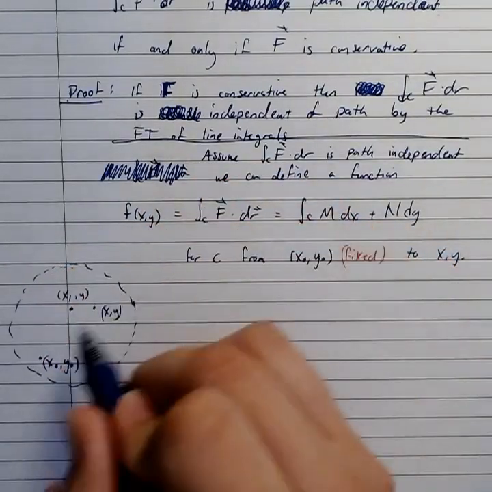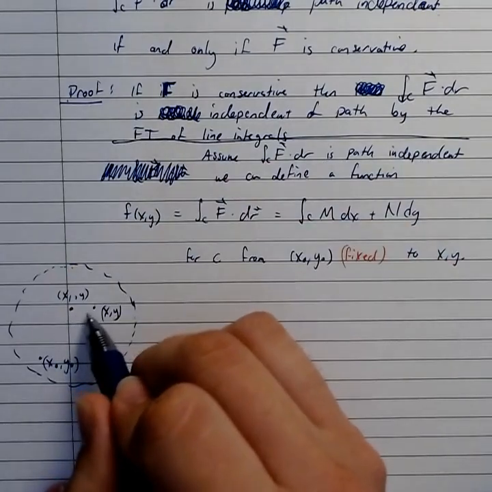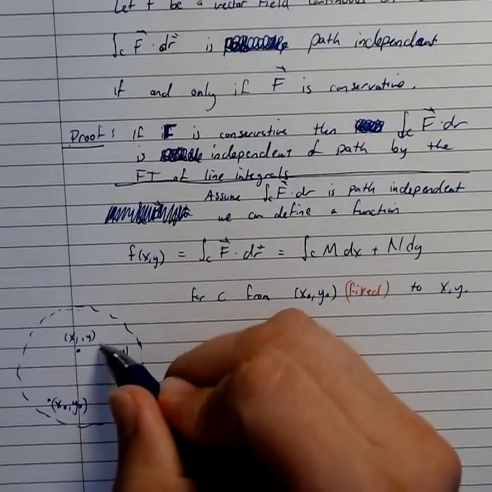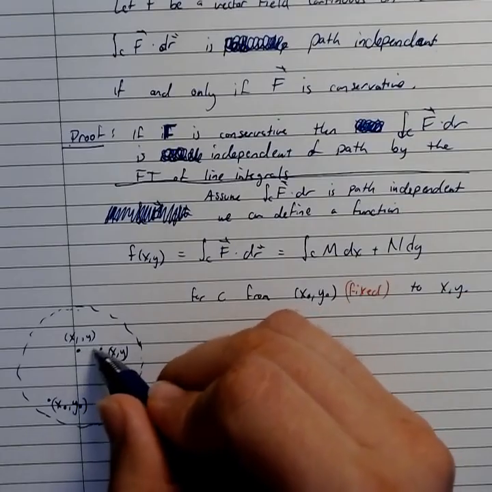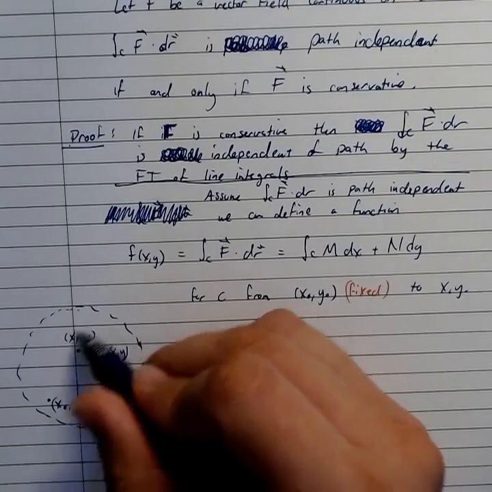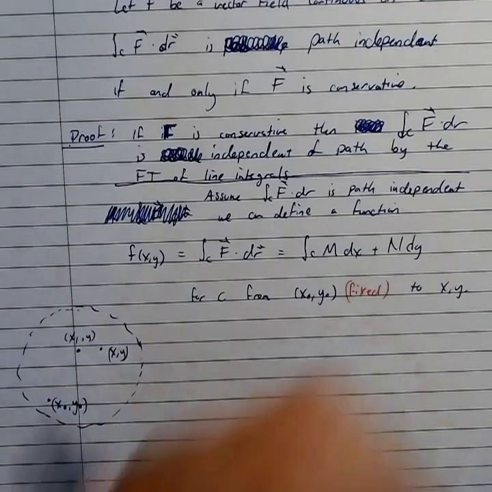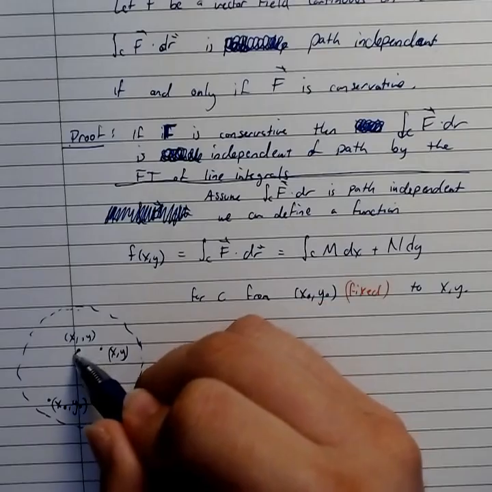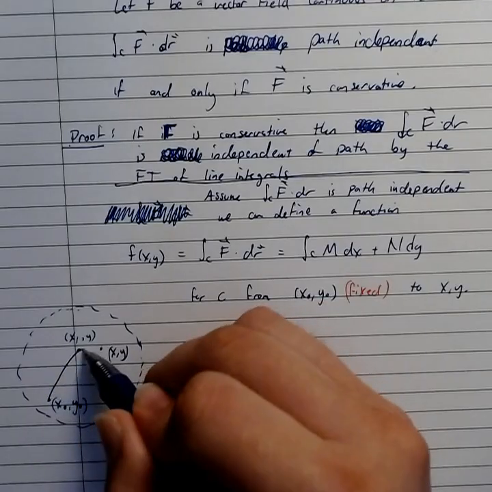I'm guaranteed to be able to find a point like that because we have an open region, which means there are no isolated points and there are no points on the boundary, which means no matter what point I have, there is some other point nearby that is also in my region. So now, I can connect from here to here and from here to here.